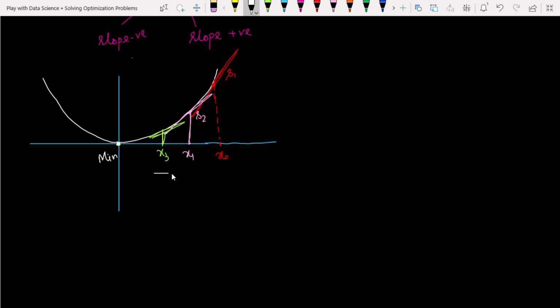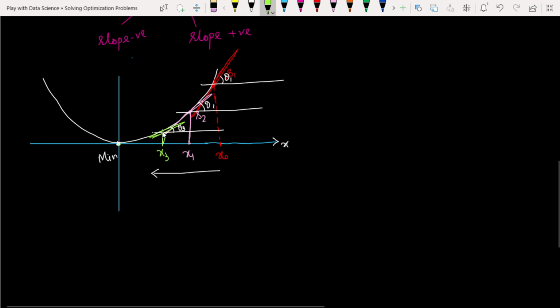As we move closer to our minimum point, the angle is reduced, which means our slope value is reduced.